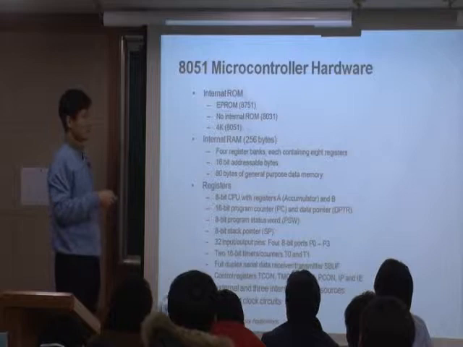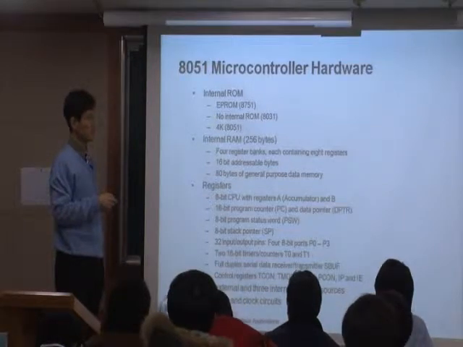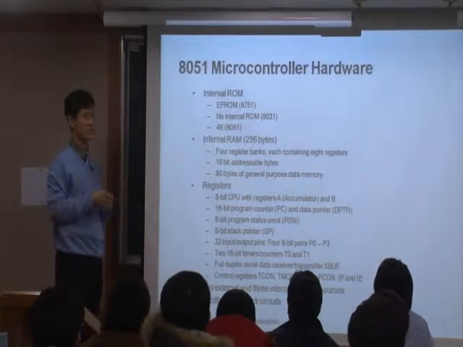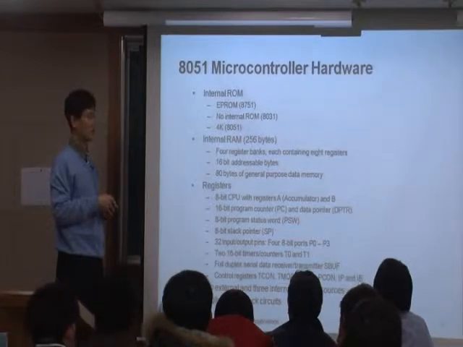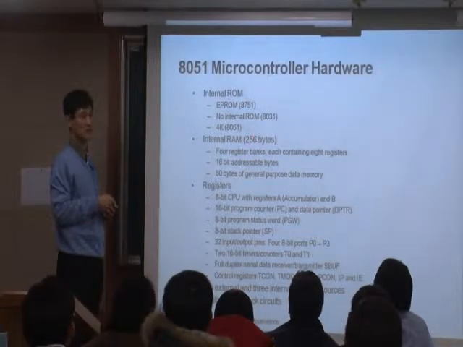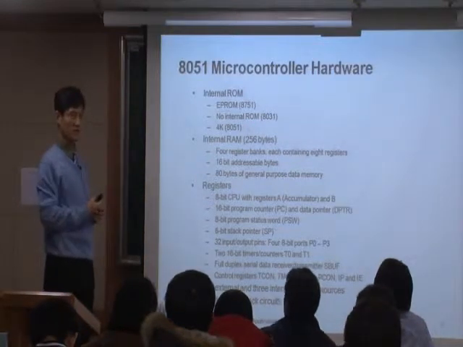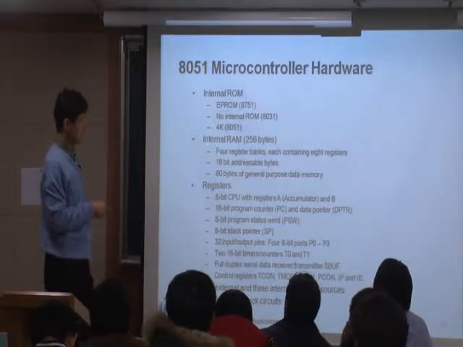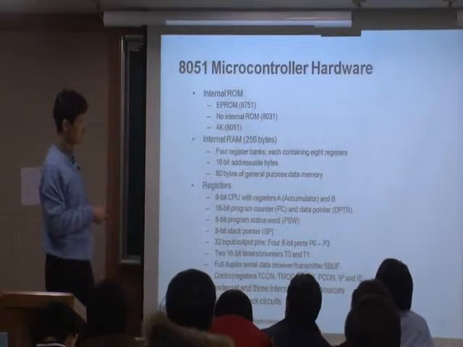There is another version called 8052. Again, it's the same family. There are so many different families. The 8052 has double this, 512 bytes of internal RAM. That's the 8052, a little bit more advanced version in this family. So there are a lot of variations. This is our internal RAM. We'll look at the details next slide.